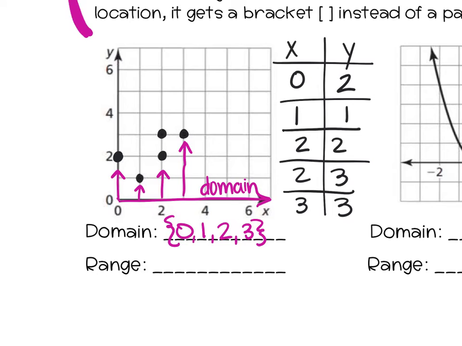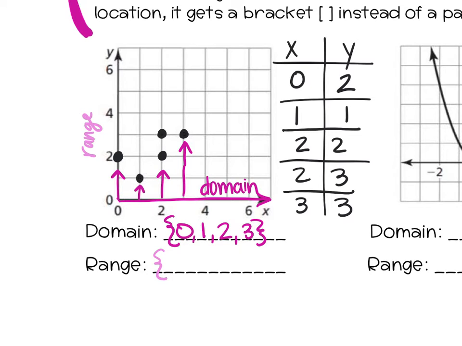Okay, and then second, I know that going up and down measures my range. In this case, they're all positive, so they're all going up. So here I can list them out from my table or from my points, either way.